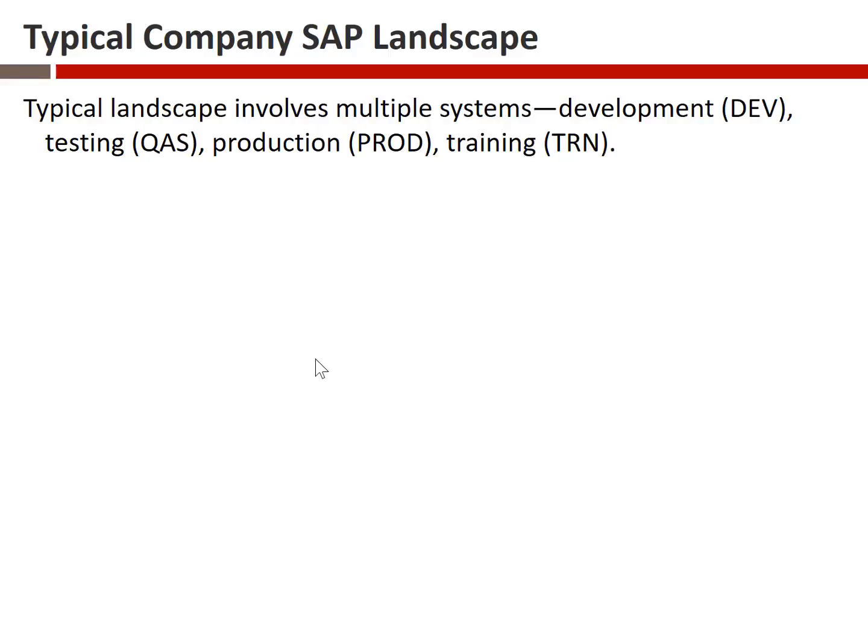There will be a development system, a dev system. That's where the programmers work. There will be a separate testing system, a quality assurance system. There will be the production system that everyone in the organization works with. And then there's a training system. The training system is kind of special purpose.